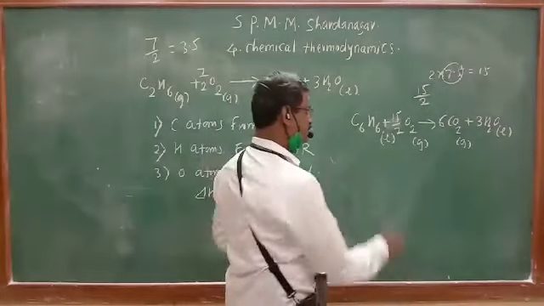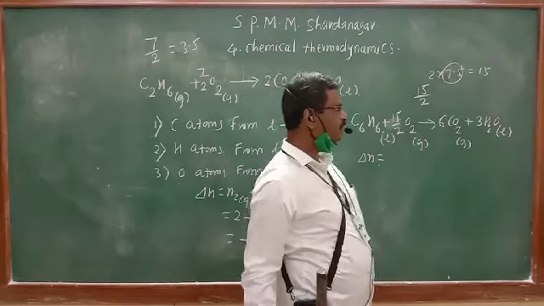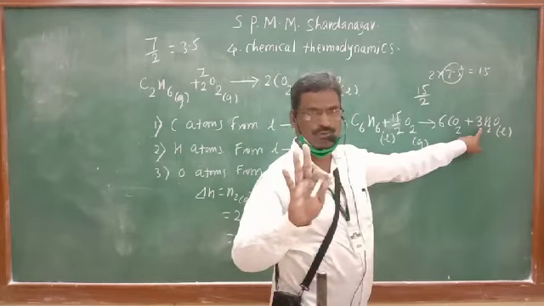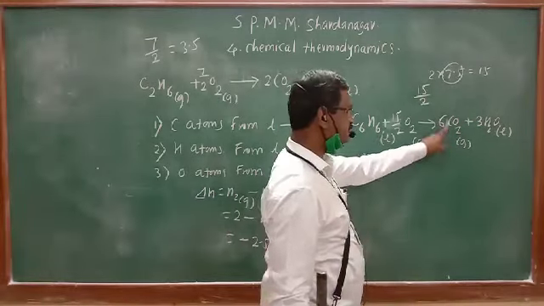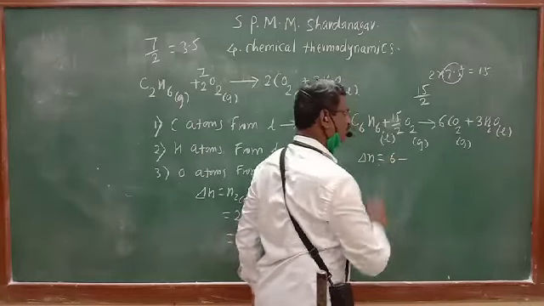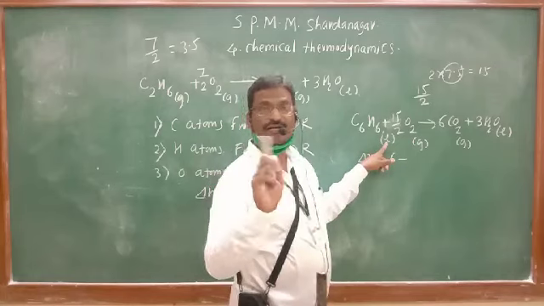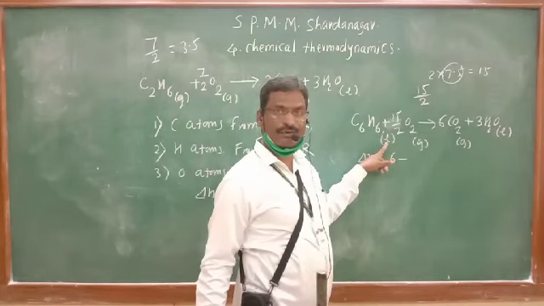Similarly, for this reaction, how to calculate delta N, final minus initial? These 3 moles, can we consider? No. They are present in the liquid state. So CO2 is gas, 6 moles of CO2 minus. This is benzene, liquid, not taken into consideration, because the state is given.